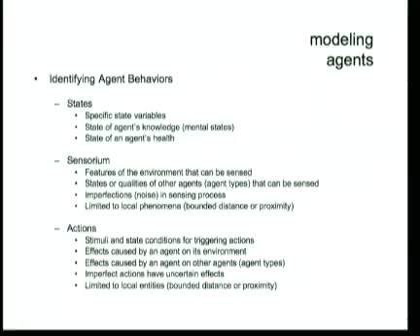So once you've determined what state your agent is in, you want to look at the sensorium, that is, what are the inputs that influence the agent's states and thus behaviors. So you want to understand the features of the environment itself that can be sensed, objects in the environment as well as other agents.